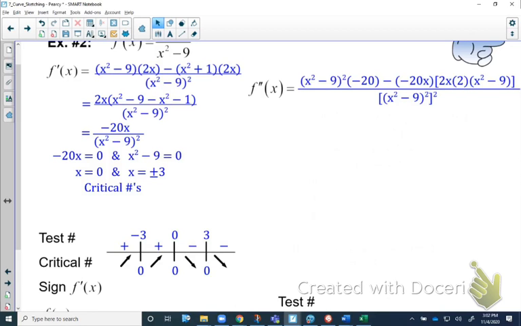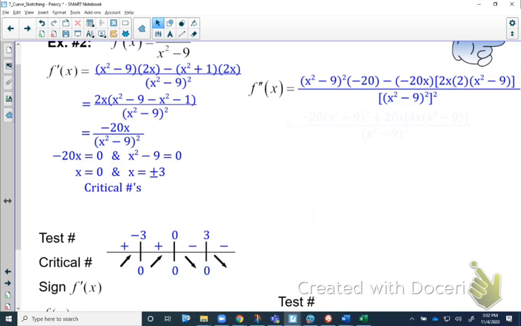So this is how it gets set up. (x squared minus 9) quantity squared times -20 minus -20x times the high part's derivative, the low part's derivative, which would be 2x times 2 times (x squared minus 9). And we're having to use a little bit of the chain rule again on that denominator, unfortunately. But that's what the second derivative is going to be when we set it up.